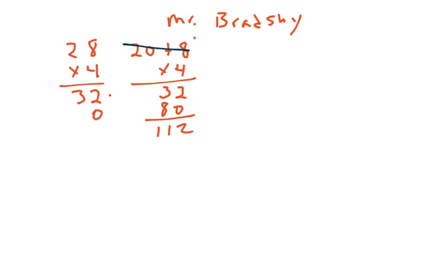So what I tend to do is write down a 0 because it's going to be tens and there's going to be a 0 there. 4 times 2 is 8, so it's 80. And add them up to 112. So you see, these are very similar models, aren't they? Because you get the 32 and you get the 80 and you add them up and get 112. Nice? And you don't have to expand it, and just multiply it.